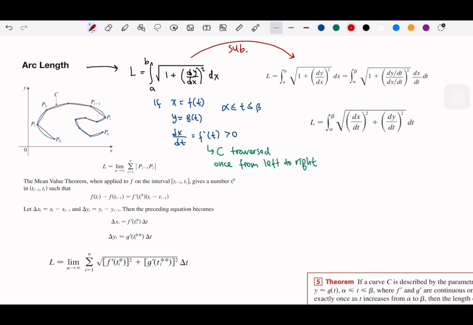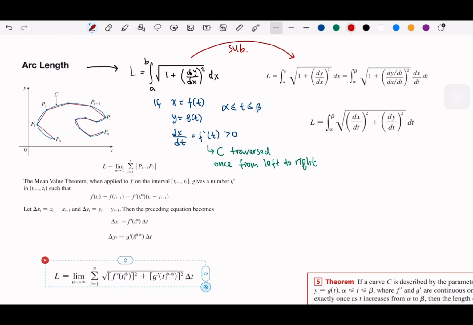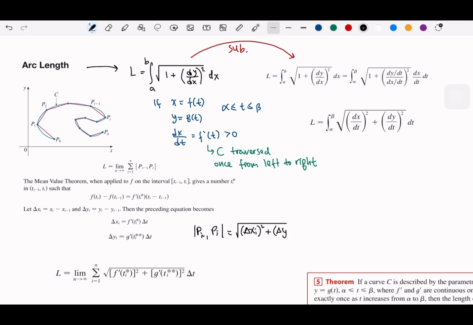There are some processes that I'm skipping. If you want, you can remember it through this. This P is actually, we could write as this. And then it goes to be here.